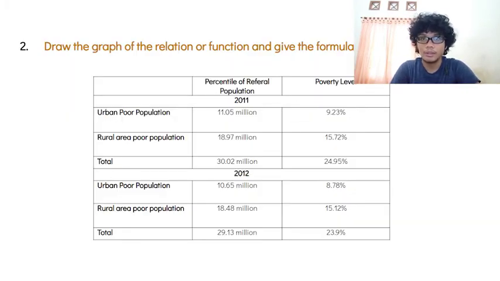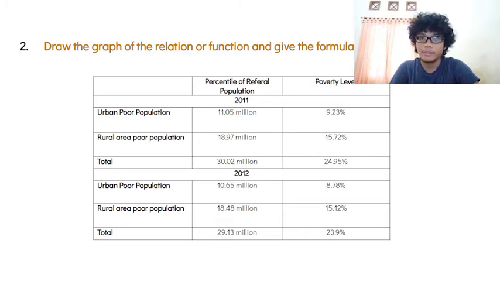So the total number of poor population in March 2011 is around 30.02 million, with a poverty level of 24.75%. And it is divided into two: the urban area poor population and the rural area poor population.